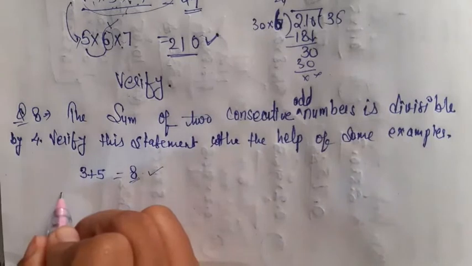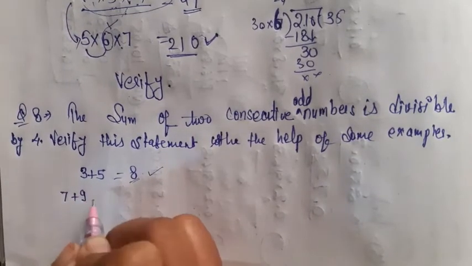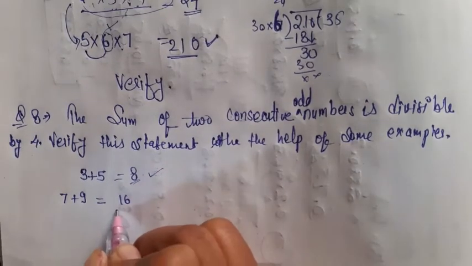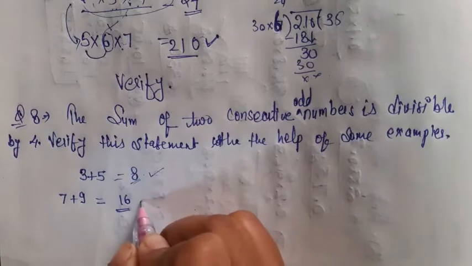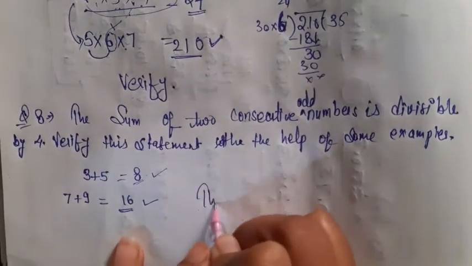Now next we take 7 and 9. 9 plus 7 we get 16, and 16 is also divisible by 4. So this is verified.